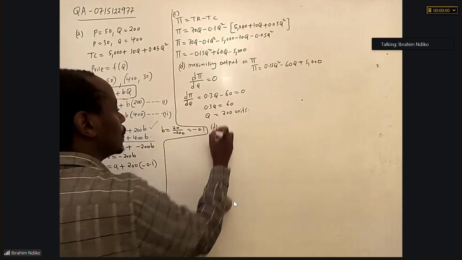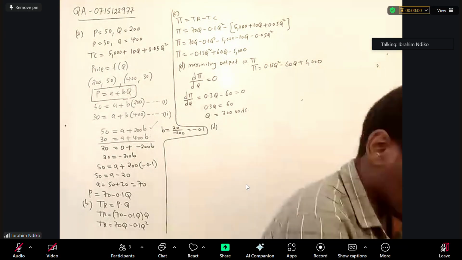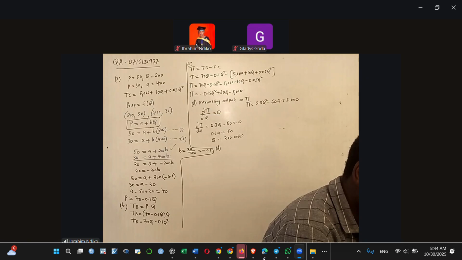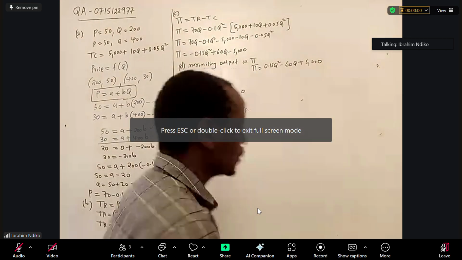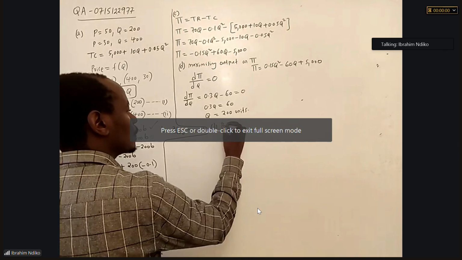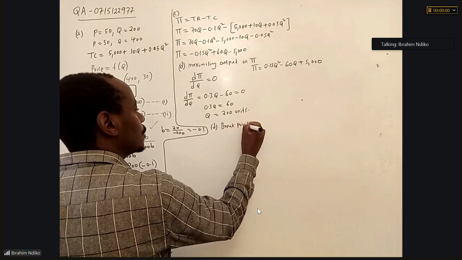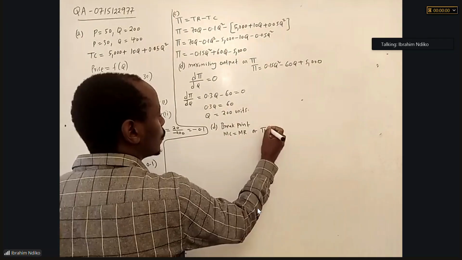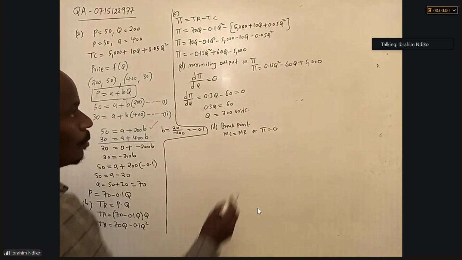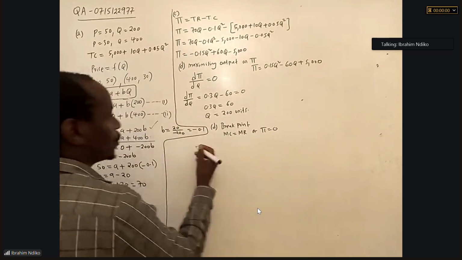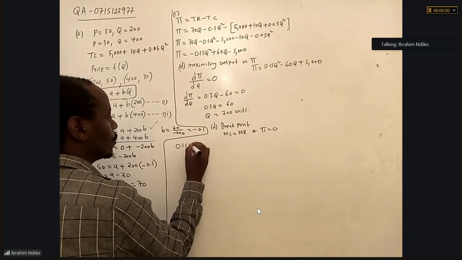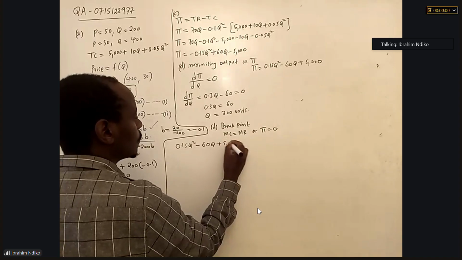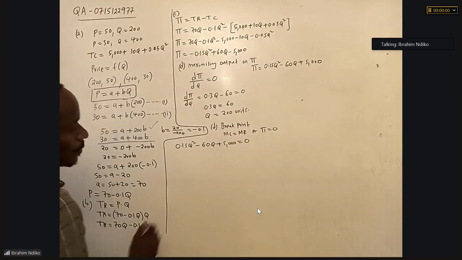Then part D, our last part, with the breakpoint. At breakpoint, marginal cost equals marginal revenue, or profit is equal to 0. Because we have the profit, I'm going to use the profit: 0.15q squared minus 60q plus 5,000 is equal to 0.